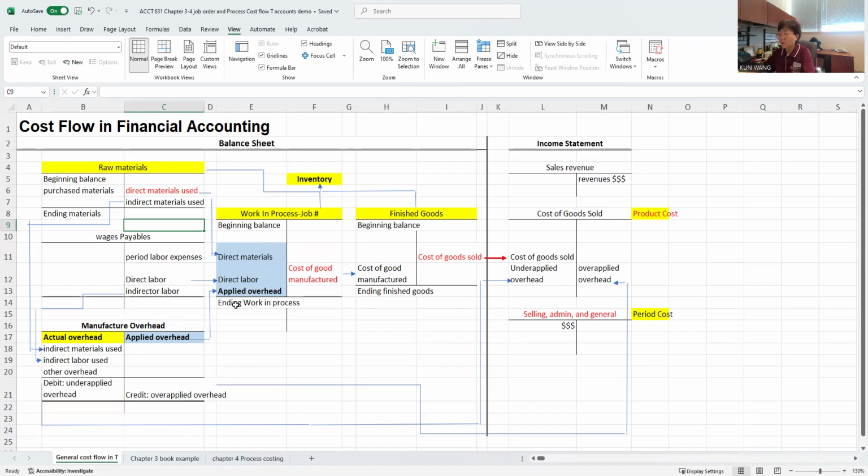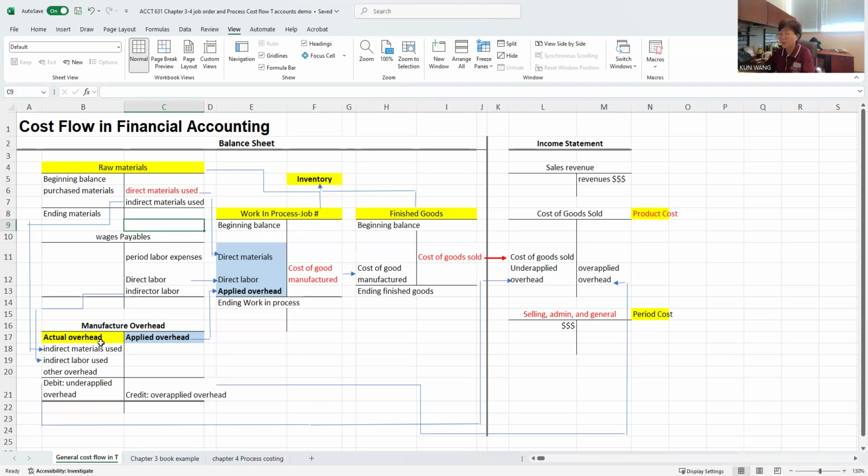Then overhead is special, as I mentioned earlier, because of the timing. When we try to capture the cost for the job or the process, the actual overhead data may not be ready yet, such as your utility bills, the depreciation calculations, or some of the allocation of the common expenses.